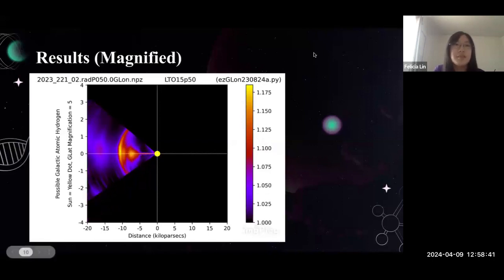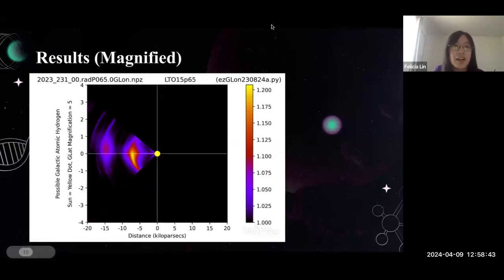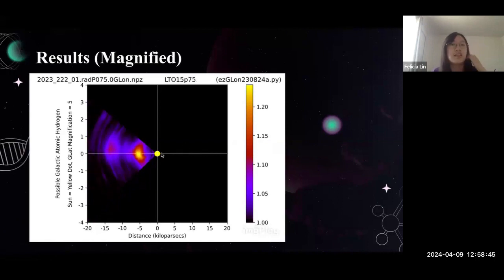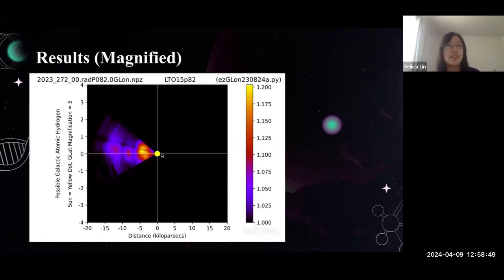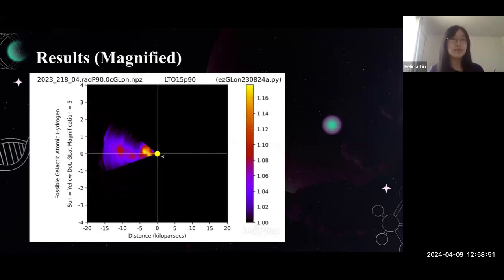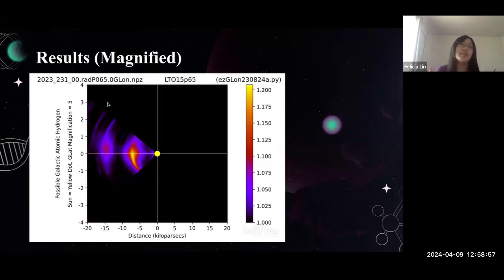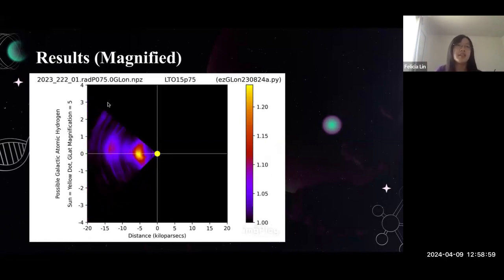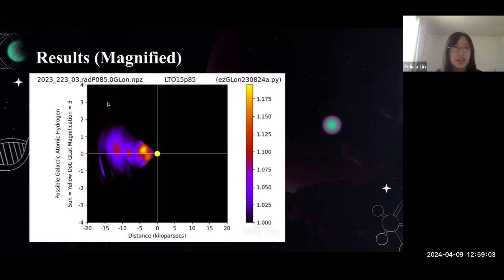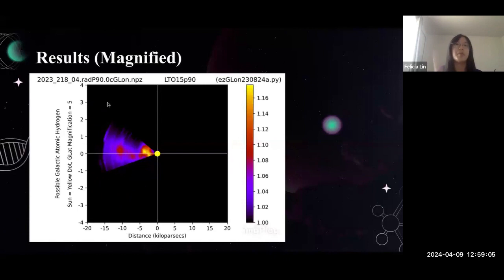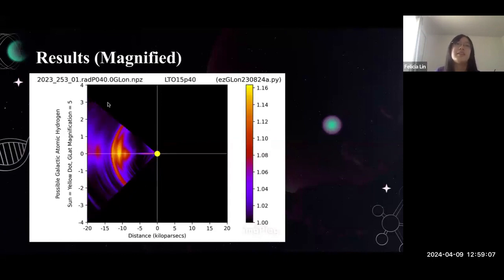And doing so would result in these sorts of graphs where the yellow dot is the position of the sun, and the fan shape is because from the sun we collect data at a certain longitude, but above and below the galactic plane.